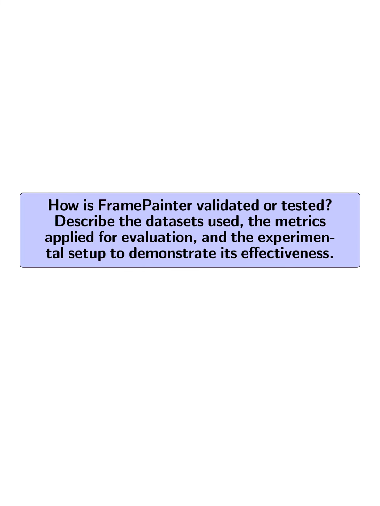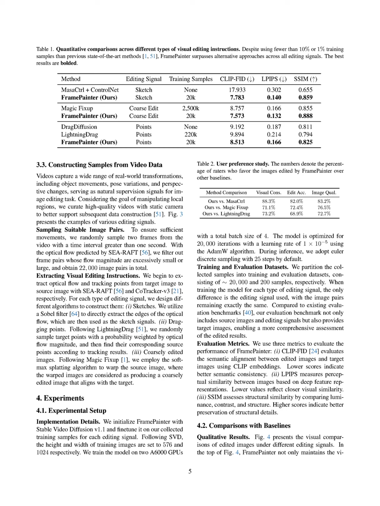How is FramePainter validated or tested? Describe the datasets used, the metrics applied for evaluation, and the experimental setup to demonstrate its effectiveness. FramePainter is validated through a comprehensive experimental setup that includes training and evaluation datasets constructed from high-quality videos.